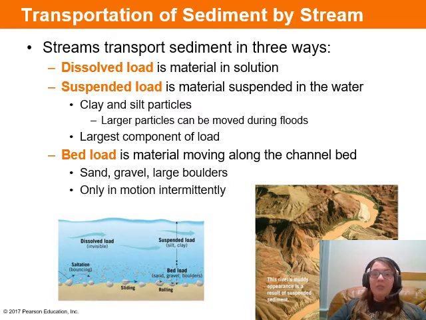So this water will need more energy in order to move, let's say, a piece of gravel than it would a piece of silt the size of, like, a ballpoint pen. So with our bed load, it only moves intermittently. This means that it's going to move a little bit and then stop for a period of time because we need very high energy water to move these larger sediments along the bottom of our rivers.